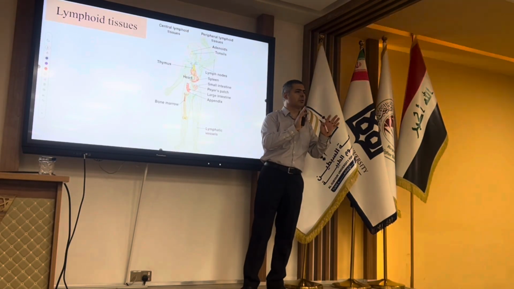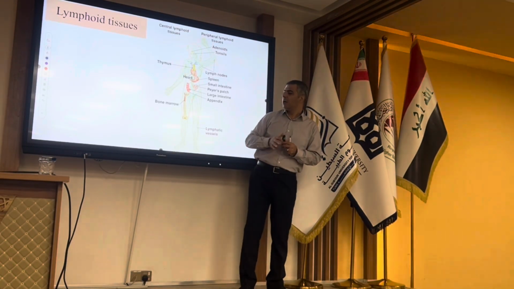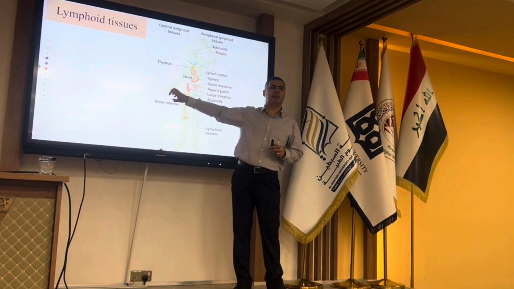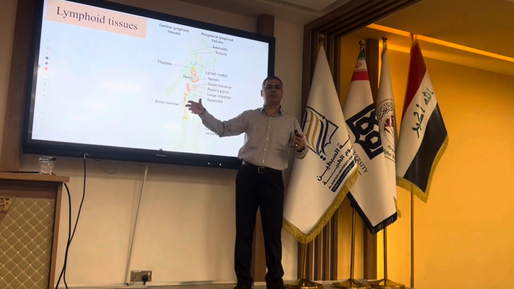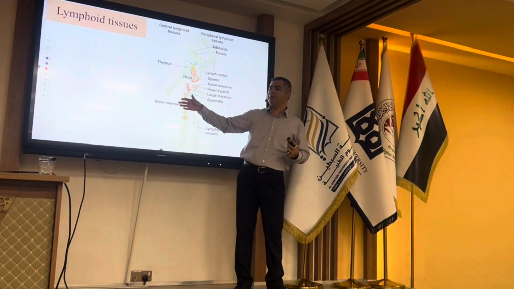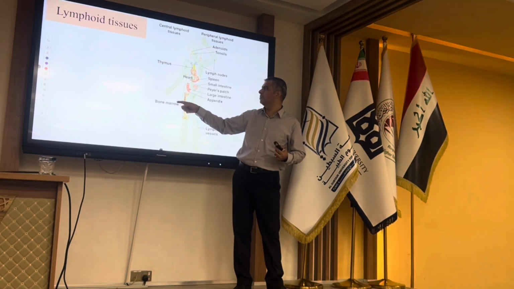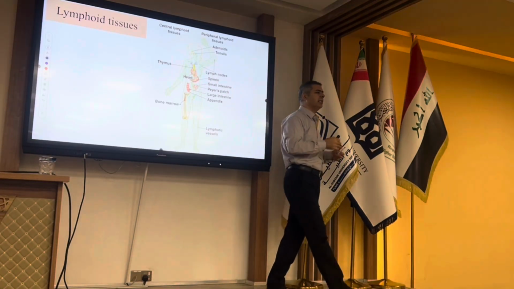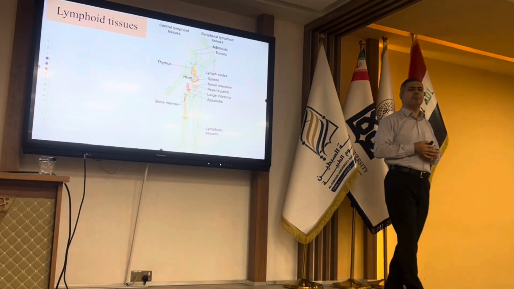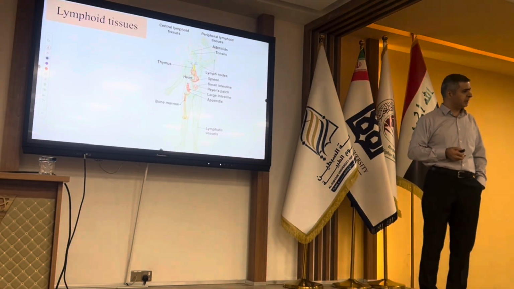So all leukocytes and blood cells arise from hematopoietic stem cells in the bone marrow. All of the cells develop and mature inside the bone marrow, but the precursors of T cells leave the bone marrow and go to the thymus, and inside the thymus we have the development and production of the T cells.